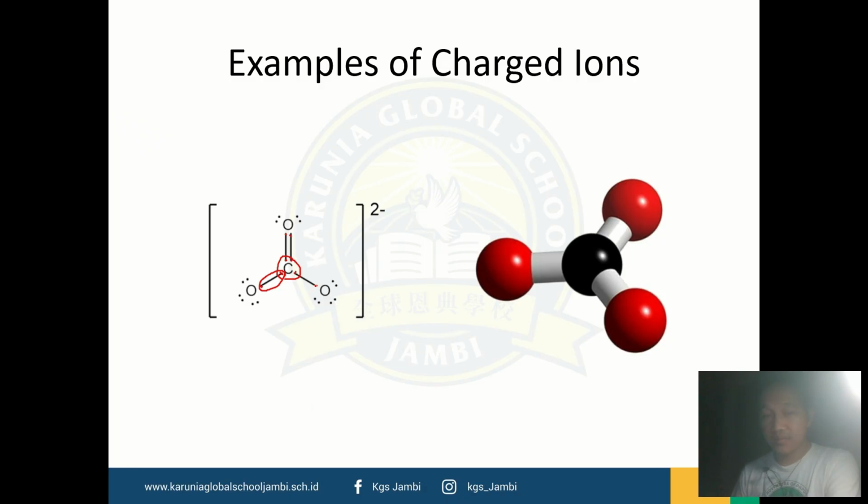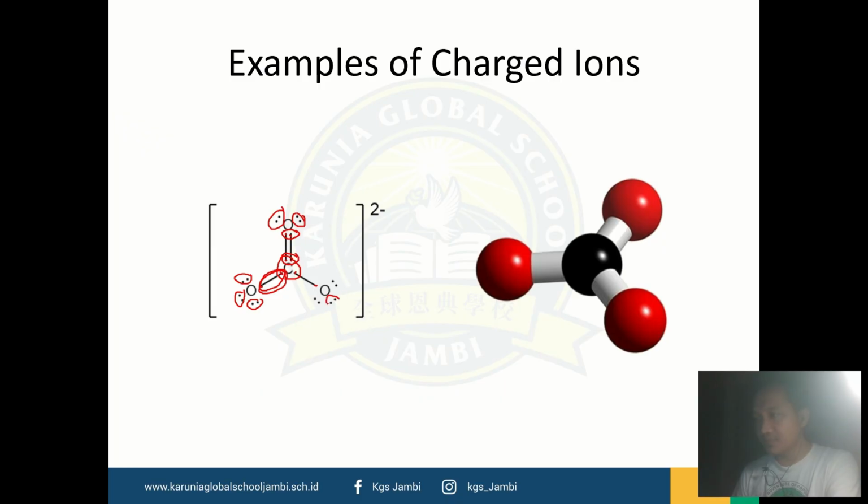So now the carbon can be stable. Okay, and also about the oxygen, oxygen now has 1, 2, 3, 4, 5, 6, 7, 8. Now they can be stable. Okay, if we check here, the oxygen has 1, 2, 3, 4, 5, 6, 7, 8. They can be stable.